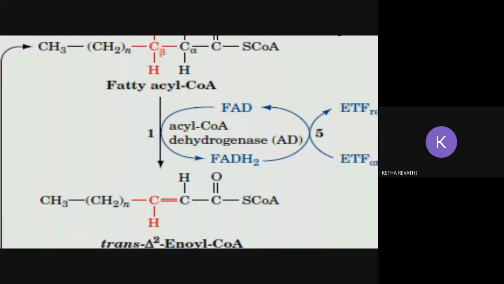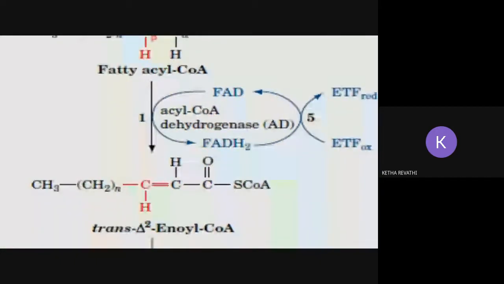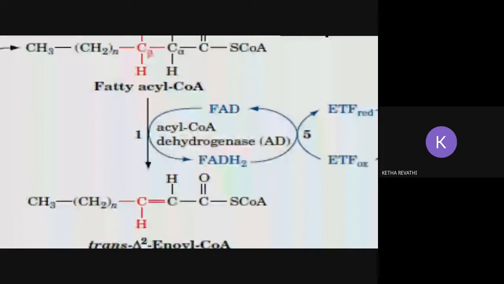When fatty acyl CoA undergoes oxidation, simultaneously the FAD coenzyme undergoes reduction into FADH2 by the enzyme acyl CoA dehydrogenase. So fatty acyl CoA undergoes oxidation. Automatically coenzyme FAD undergoes reduction.